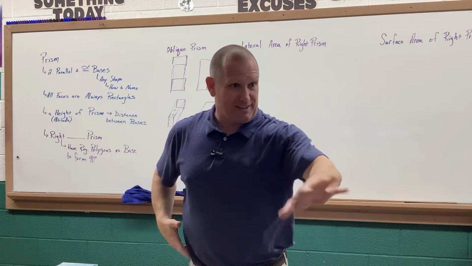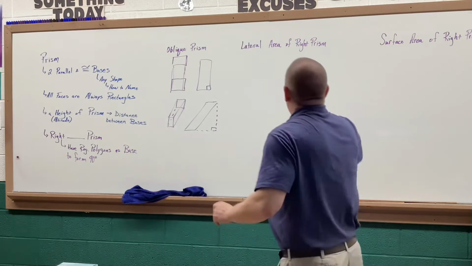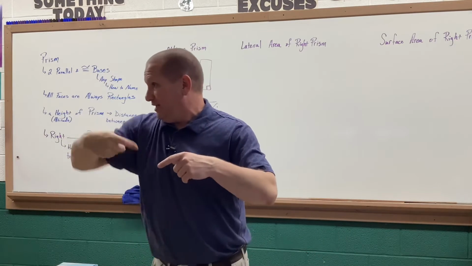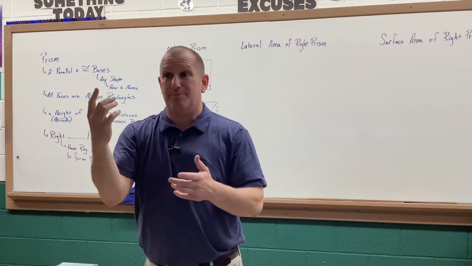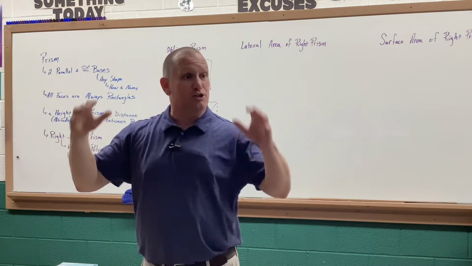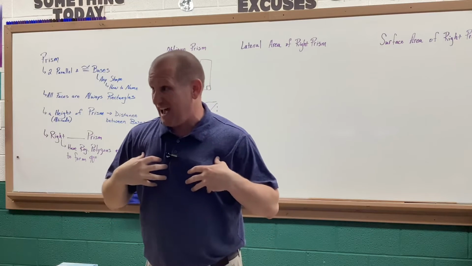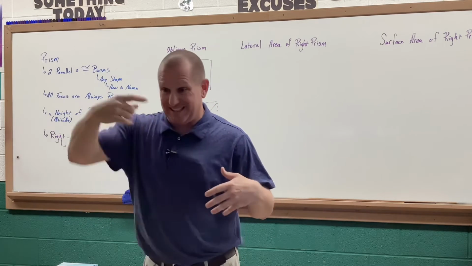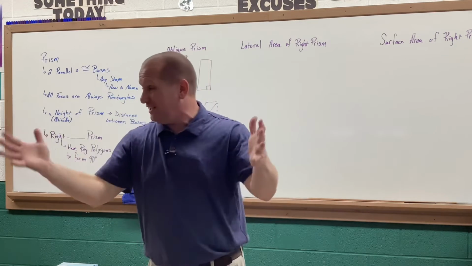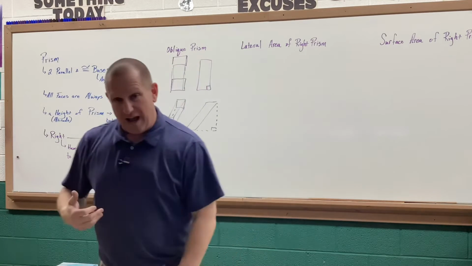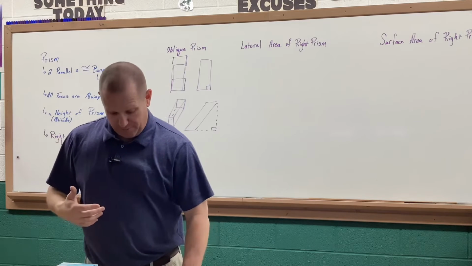The lateral area is me doing just the middle of it, whether it's standing on the bases or my bases are out here, so I'm leaving the bases not covered. That's the lateral area. So to me, that's the guts, the stuff in between the two bases. You got to think about how it clicks in your melon.